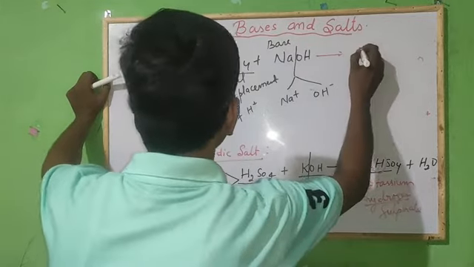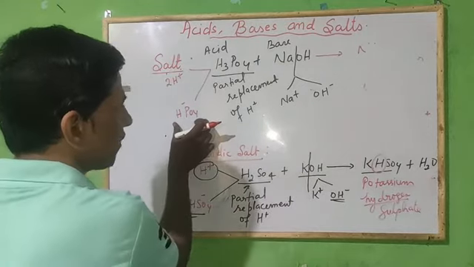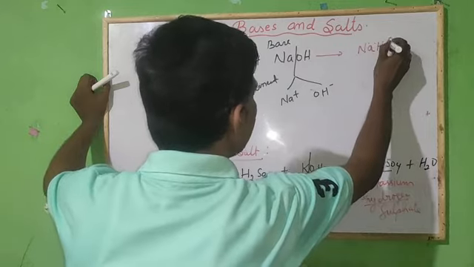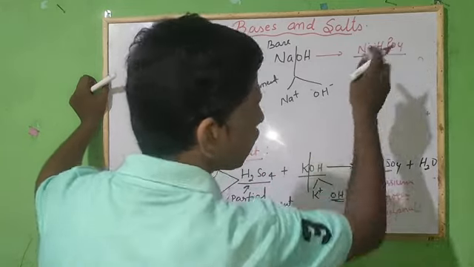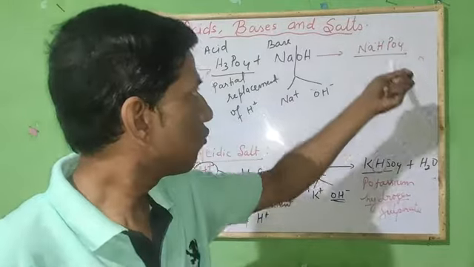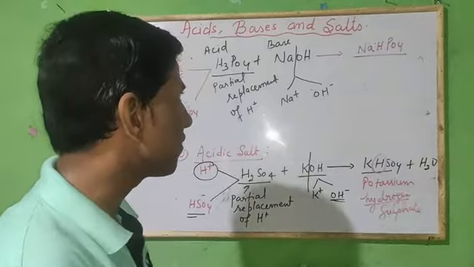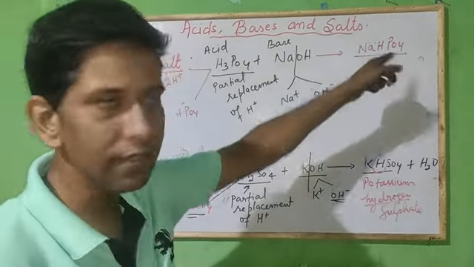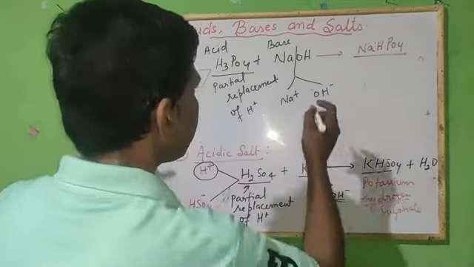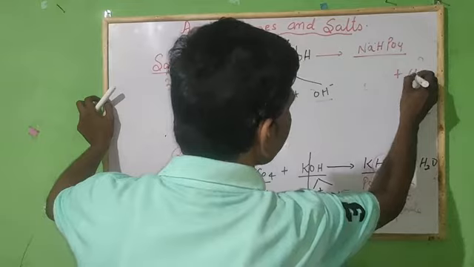After combination, one cation and this anion combine, so it forms NaHPO4, sodium hydrogen phosphate. That is an acidic salt. The reason: from the formula you can find out that hydrogen is there, and if hydrogen is there, definitely it is which type of salt? Acidic salt. Clear? And then the OH here and the H here form H2O, which is a side product.